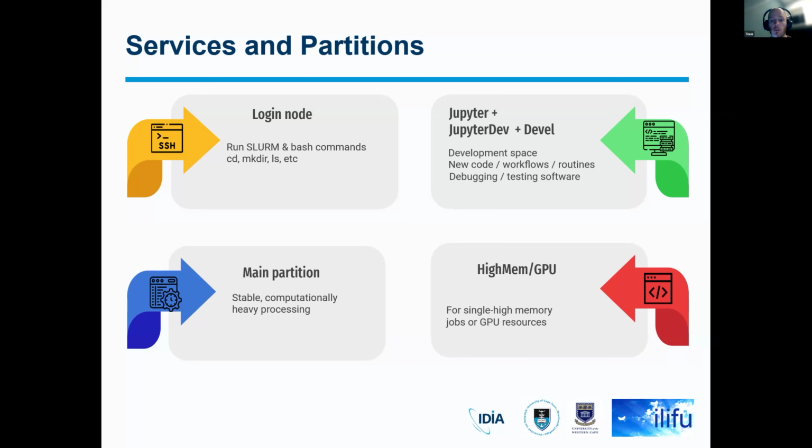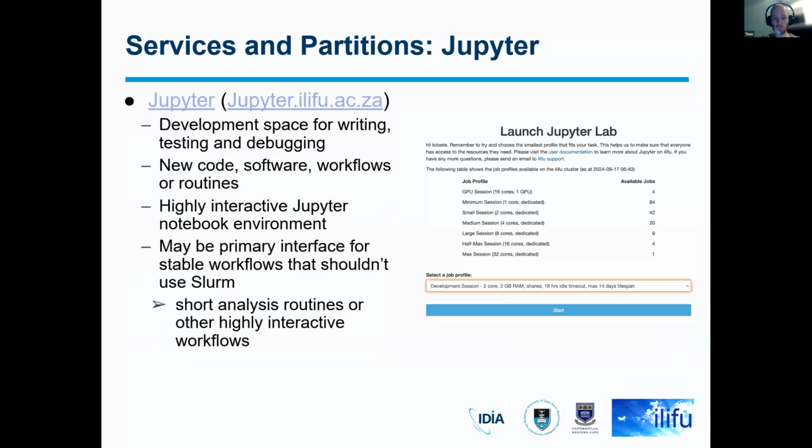Then finally we have the high memory and the GPU partition. These are more special resources partitions where you need a lot of memory or GPU resources. So now I'll be focusing more on the last three in this slide: Jupyter, main partition, and high memory.